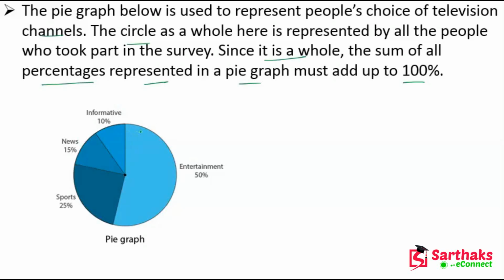Now with the help of this pie chart, we can say that this sector represents 10% of people. 10% of people wanted to see the informative channel. 15% of people wanted to see the news channel. 25% of people wanted to see the sports channel, and 50% of people wanted to see the entertainment channel.